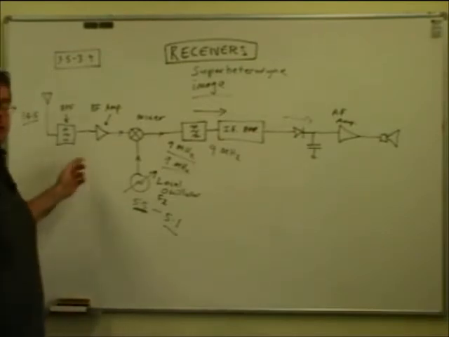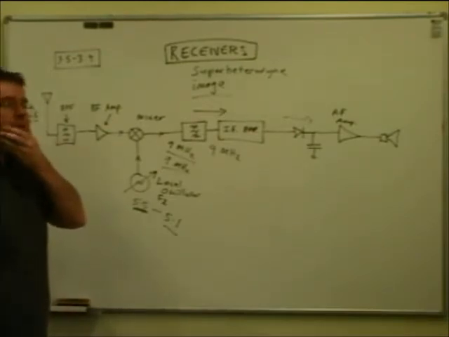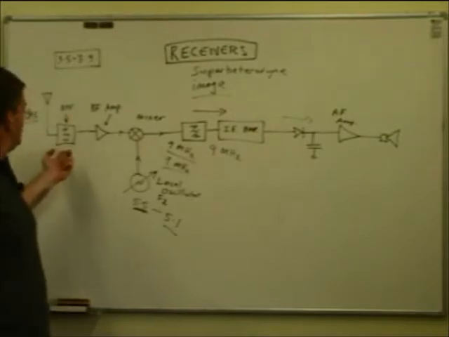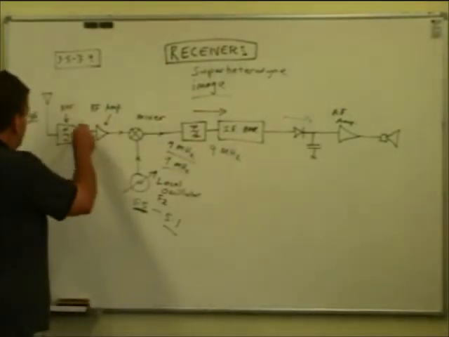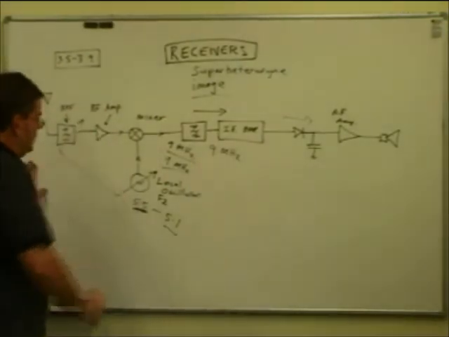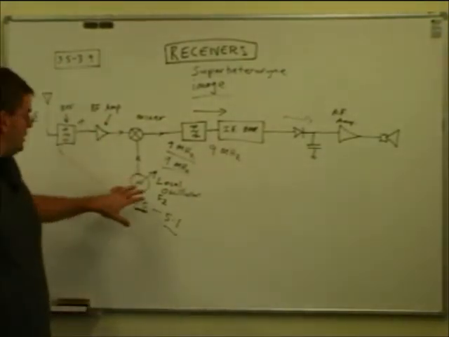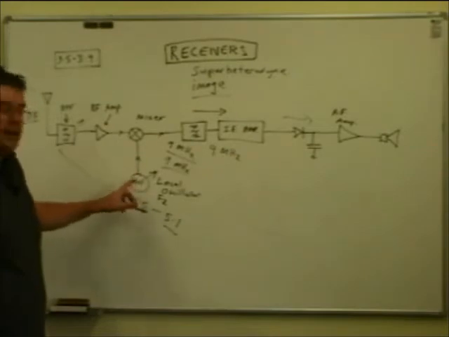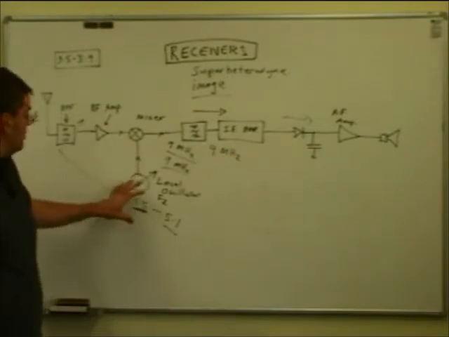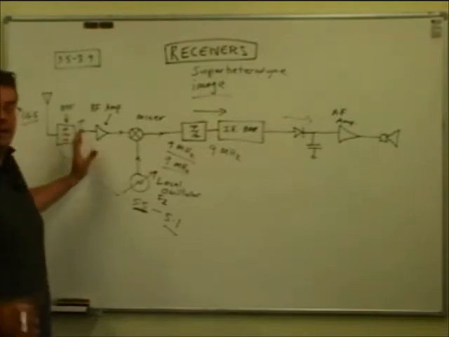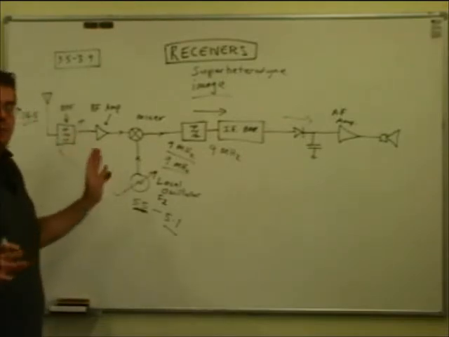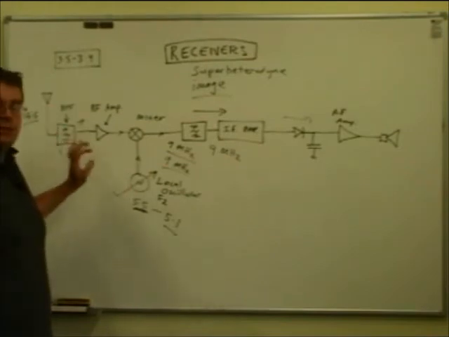And what generally is done in AM broadcast receivers, like your bedside clock radio and things like that, is they actually have a tuned circuit in here doing it, that's adjustable, and it's tied together with this. The tuned capacitor here that we're adjusting, the local oscillator frequency, will be coupled to the capacitor in the bandpass filter, if you like, and the two will track each other so that this is always tuned to the frequency you want to receive.